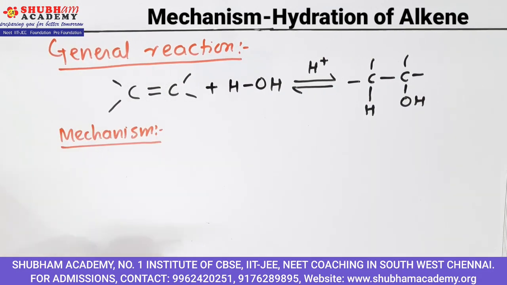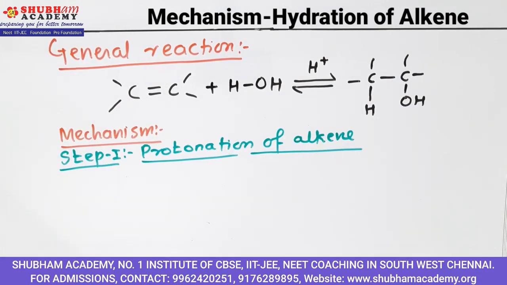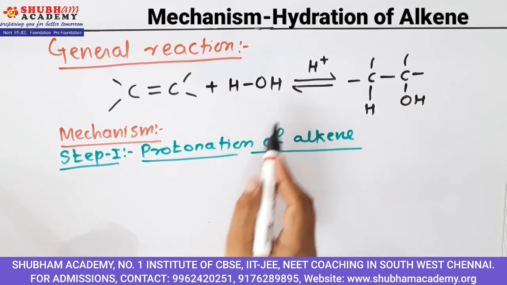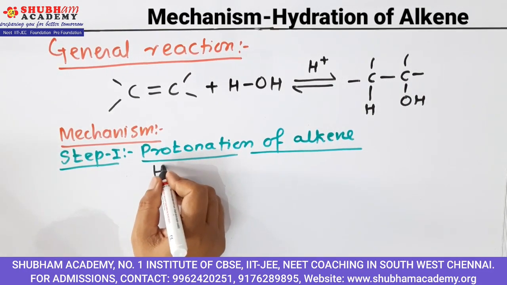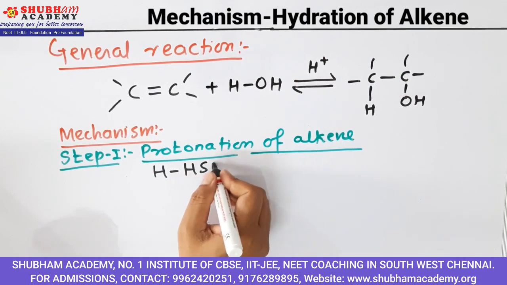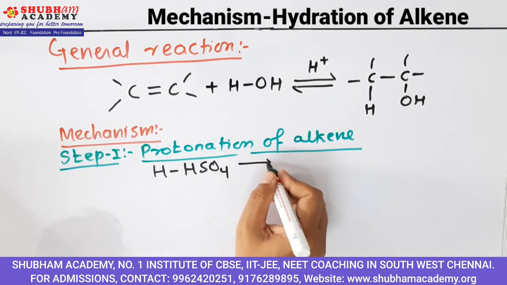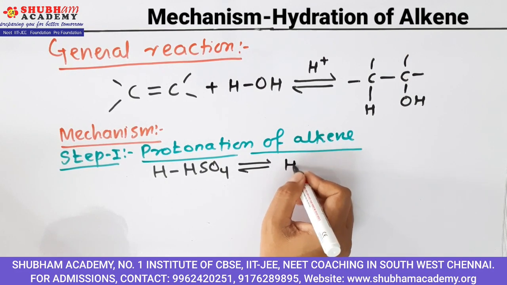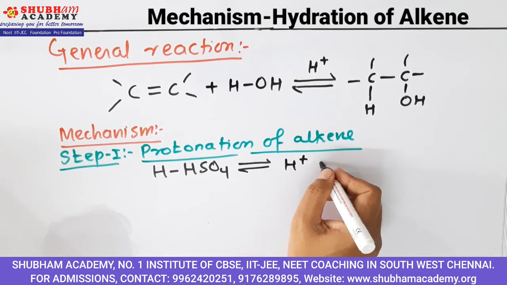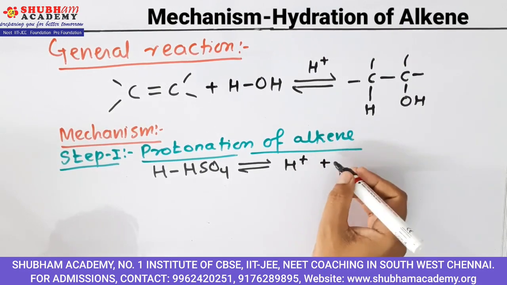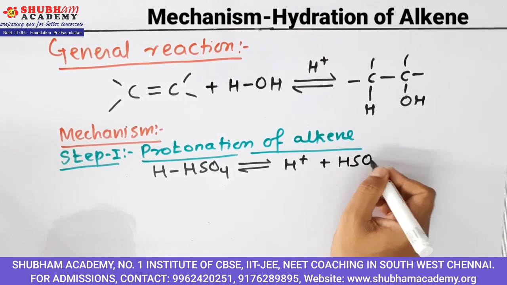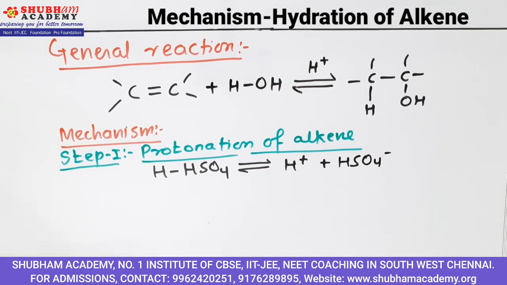Now here the first step is protonation of alkene, right. So see what happens, since you are doing the reaction in the presence of acid. Suppose the acid which we are taking is H2SO4. So this H2SO4 splits as H plus and HSO4 minus, right.